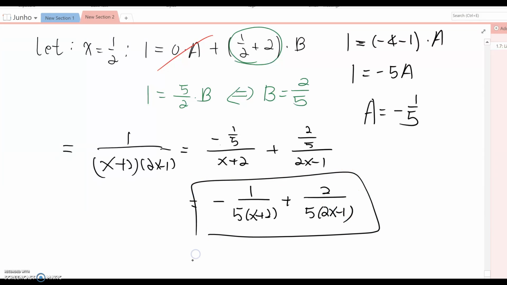That should be the partial fraction decomposition for this fraction.